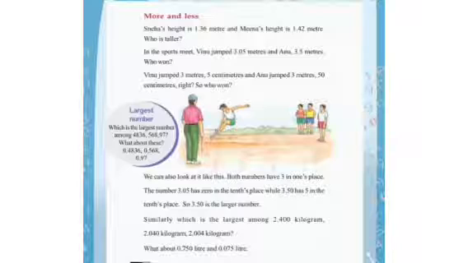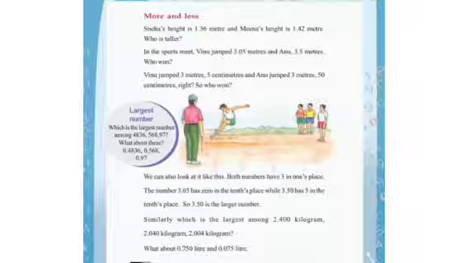If there are two-digit decimal forms, first we need to check the first digit after the decimal, that is 0 here. Which is greater, 0 or 5? Yes, it's 5. So 3.5 meters is the larger one. That is, Anu won in the sports meet.